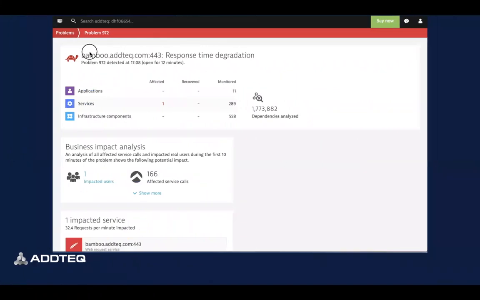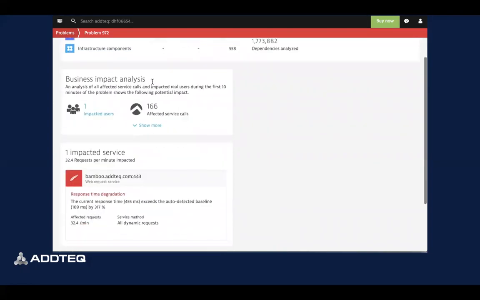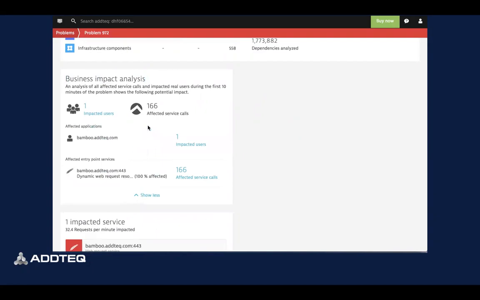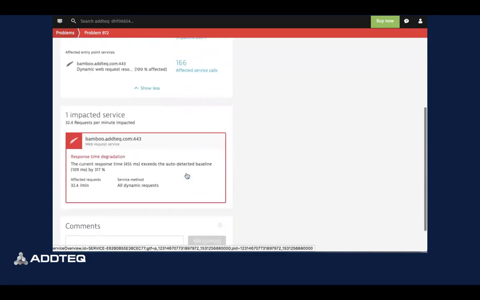So we receive this alert, and it tells us that the response time has degraded for Bamboo. It also tells us that this problem has been open for 12 minutes. So the problem is still active, indicated by the red banner. It shows us a business impact analysis in terms of whether these are internal system service calls or user-facing issues.